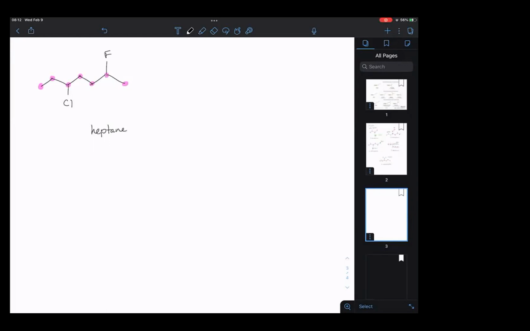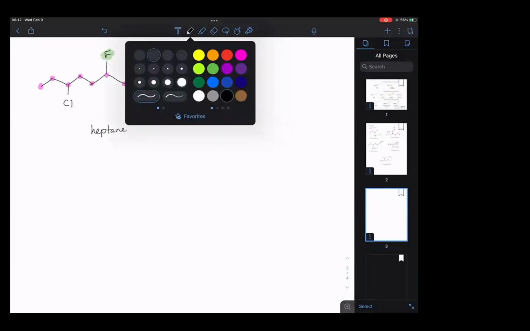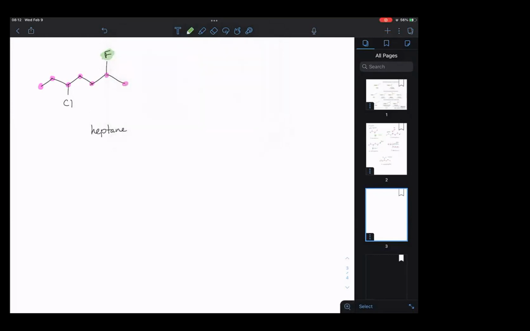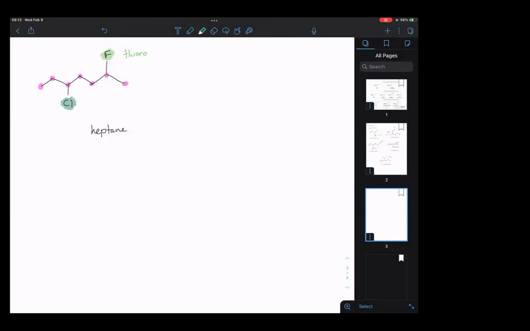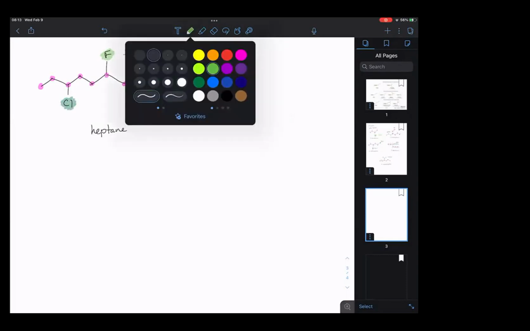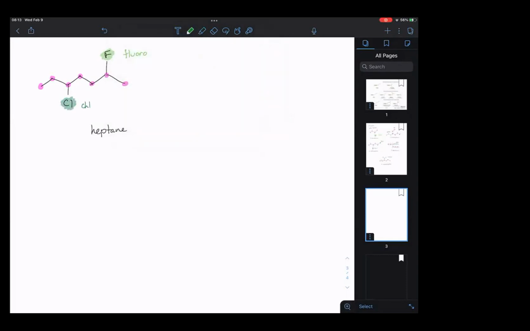I'm going to identify my substituents. I have a fluoro group here, and I have a chloro group. I'll use a slightly different color down here. Now I have these two different substituents. This next step is the exact same.